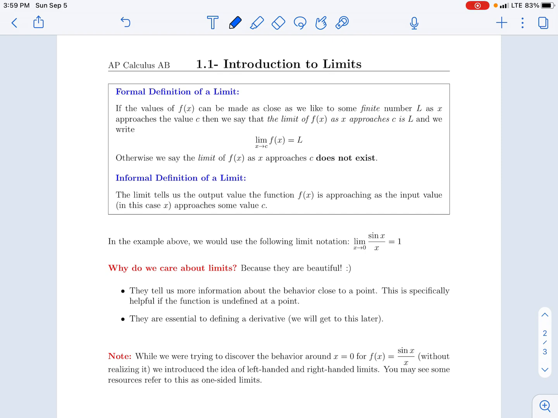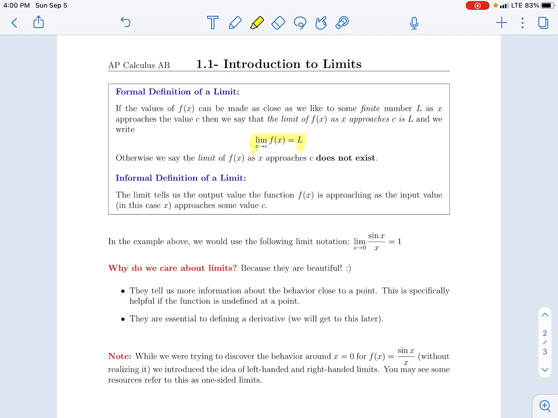Okay, so now let's formally define what a limit is. If the values of f of x can be made as close as we like to some finite number L as x approaches the value of c, then we say that the limit of f of x as x approaches c is L, and we write this specific notation here.